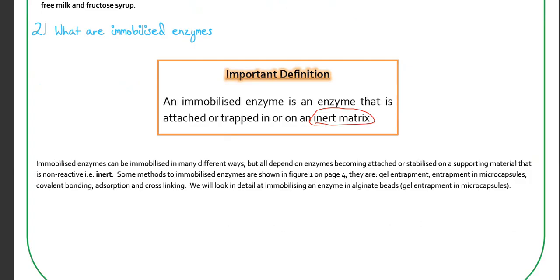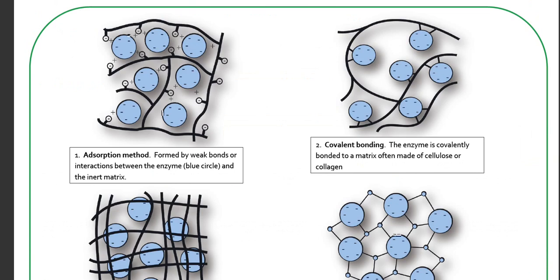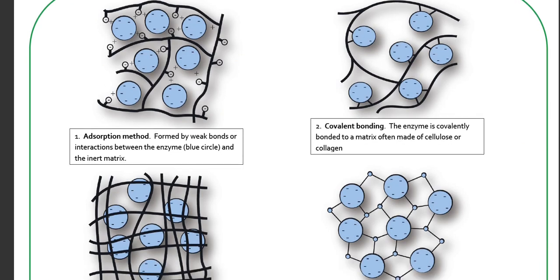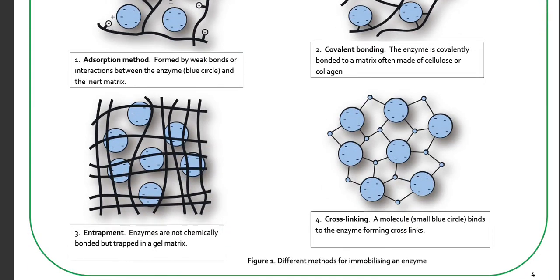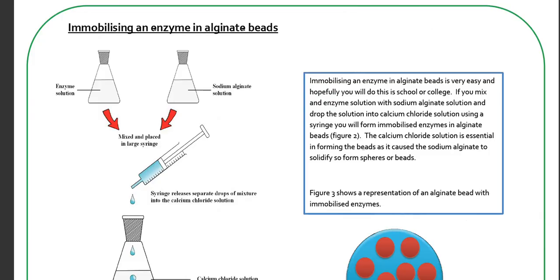Moving on down, if I go to the next page, we've got various methods of immobilizing enzymes. The most obvious one, and the one that's always in mark schemes, is to trap the enzymes in alginate beads. So there's various information there.